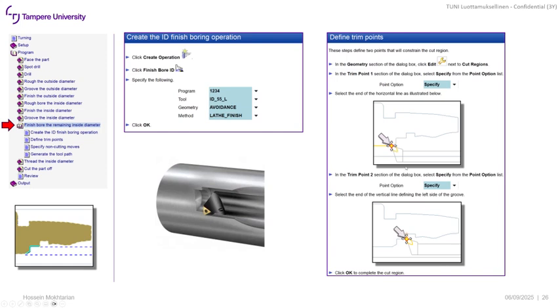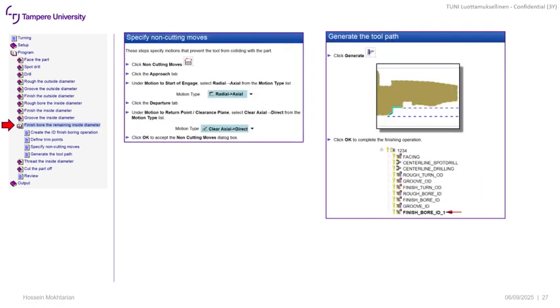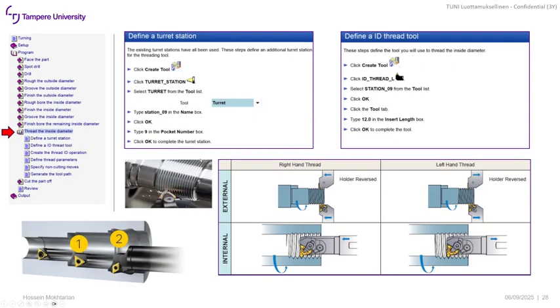So we have the rest of the parts that we can define by these two, trim point 1 and 2, to define the rest of the bore itself. I'm not going to do that, but I will just show you the presentation here so that you can follow it and test the different scenarios so that you can generate the rest of the internal diameter finishing. And after that, we have the threads.